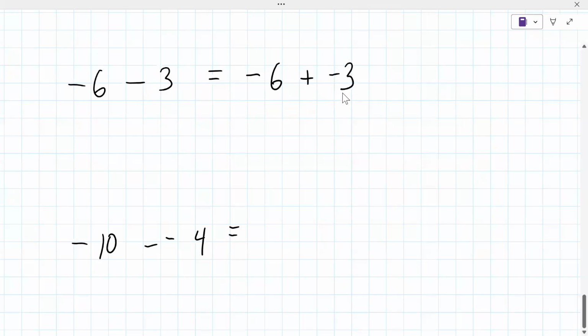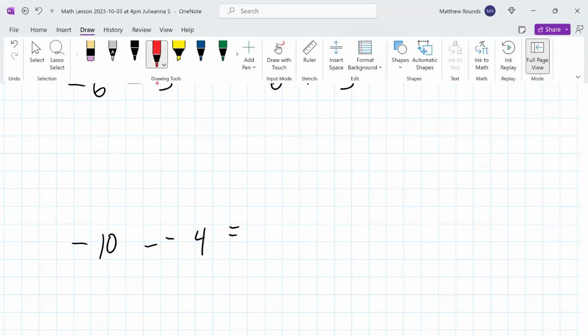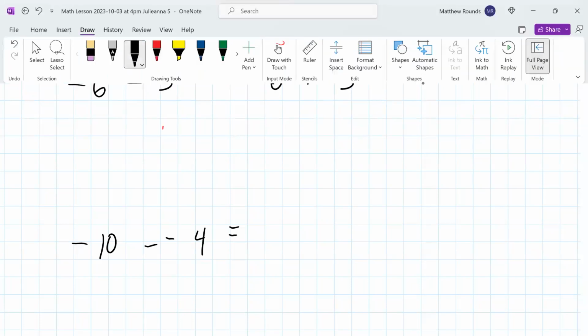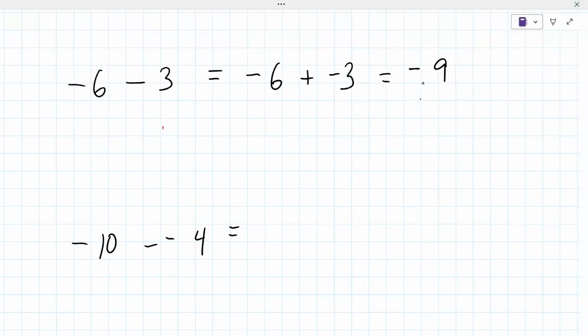So keep the sign. And so I got, for 15, I added 6 plus 3, which is 9. So I got -9. Yes, very good. Really good.